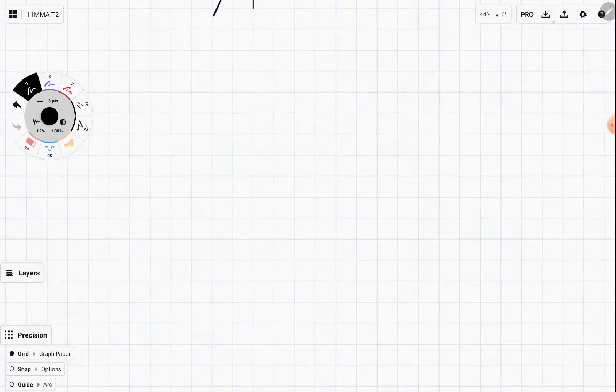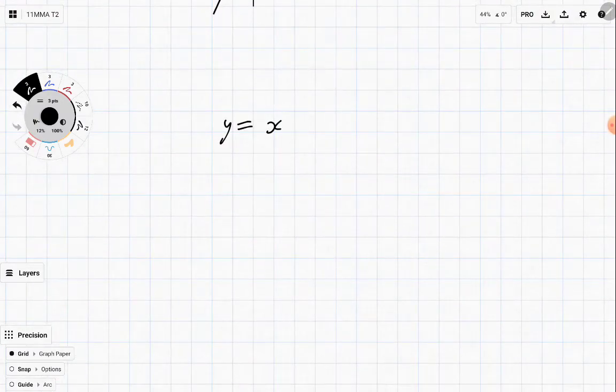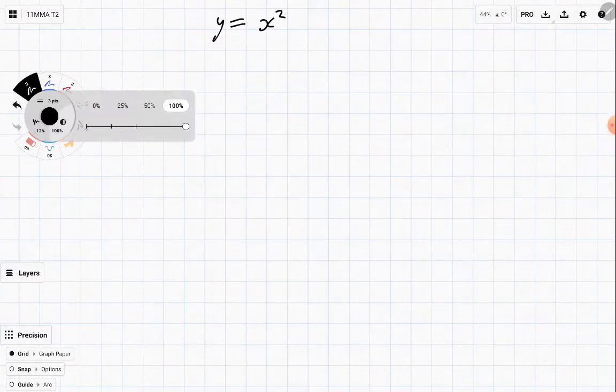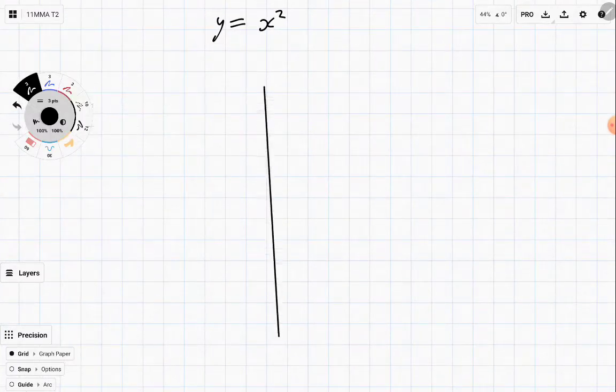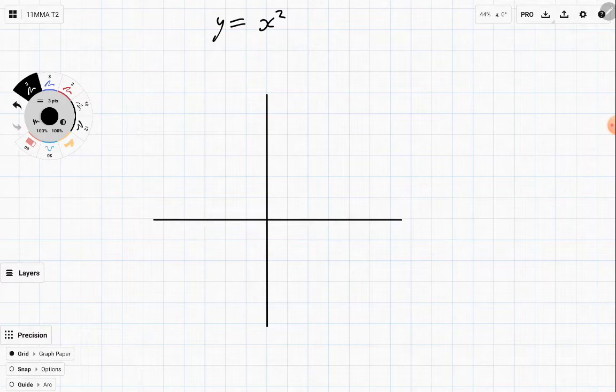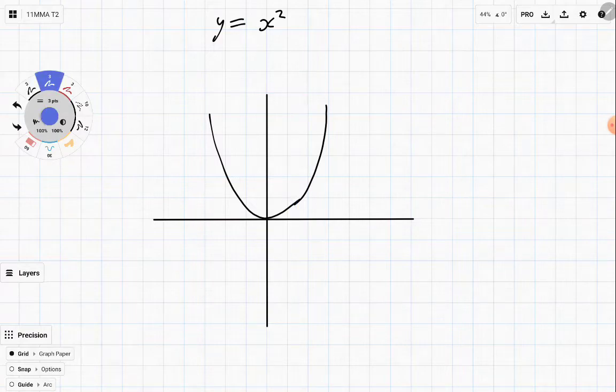So let's have a look at something like y is equal to x squared. We're going to be dealing with quadratics a lot this chapter, so it's good that we get ourselves a bit of practice. So the graph of this looks like something along the lines of, bit wonky, but you can see here, right, it passes the vertical line test. No matter where you draw the vertical line, it's only ever going to cross one point at a time. However, the difference is that many inputs get us to the same output.